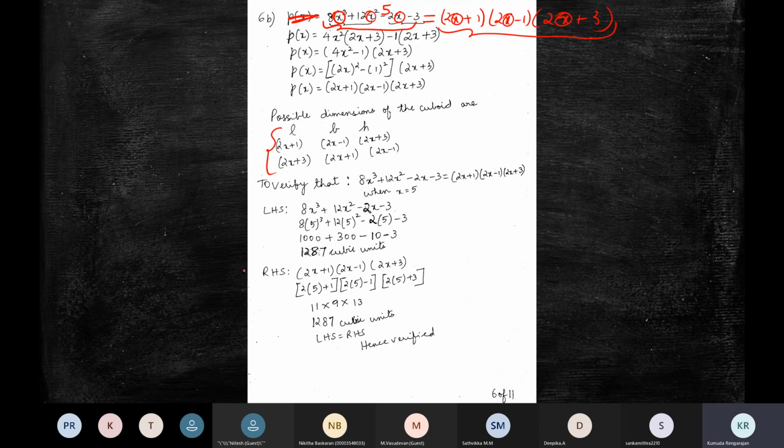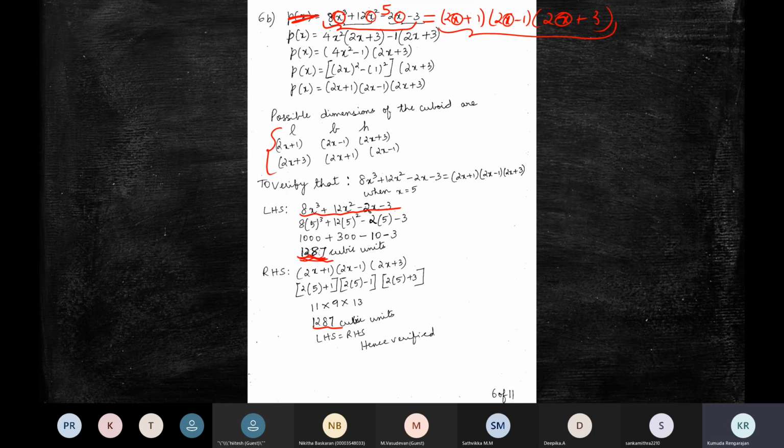So you will see that this expression represents the volume, right? You will see that the answer is the same in the LHS and RHS, so you're verified. You have verified that these three are the factors of the given expression.